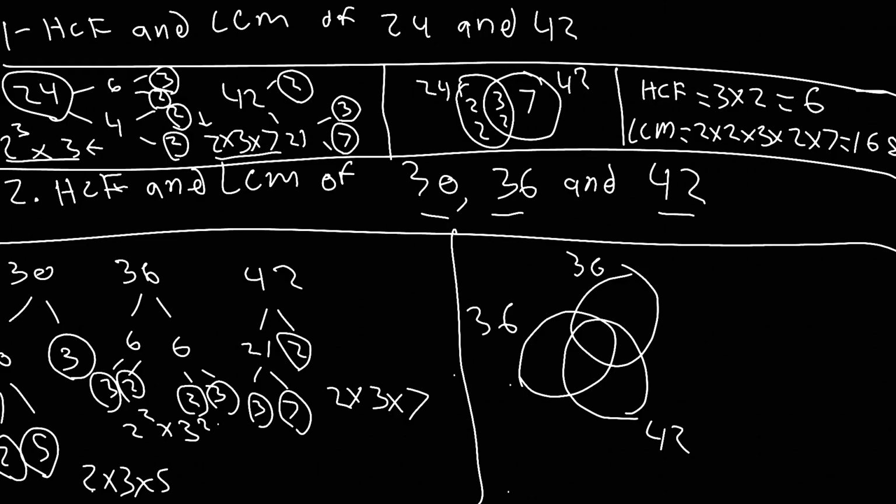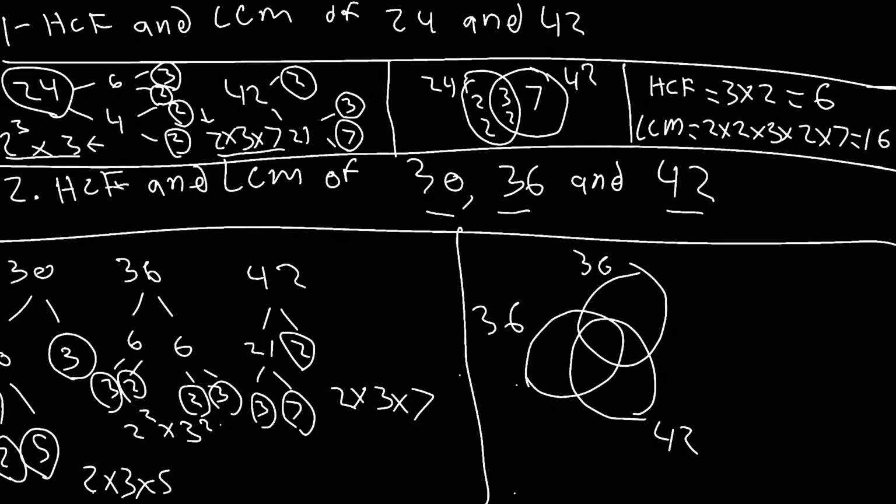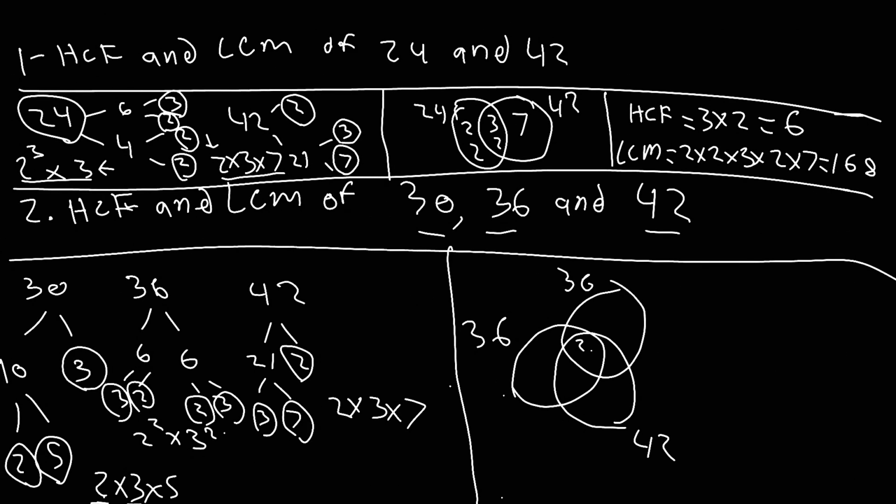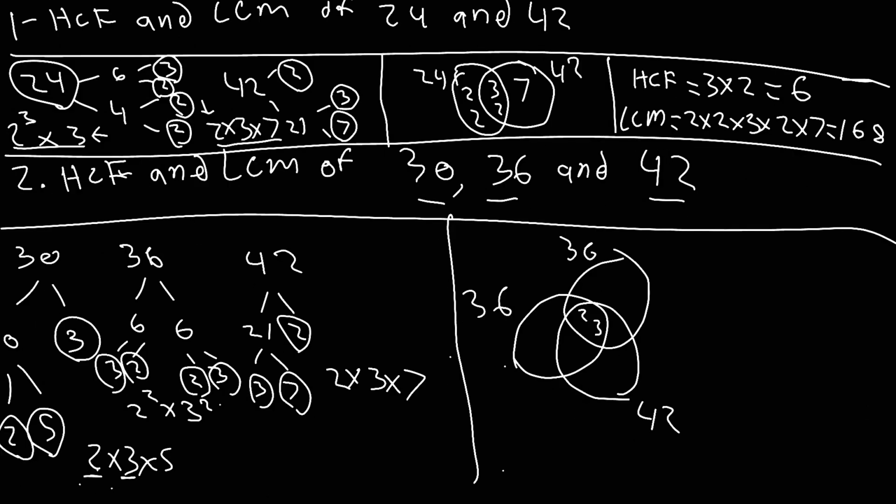So for my prime factors that are factors for all 3 numbers, I have a 2 and a 3. So I would just write it here. Let me just actually clear out some space. 2 and 3. And then for the remaining numbers, for the 30, I just have a 5, so I'd write 5 here.